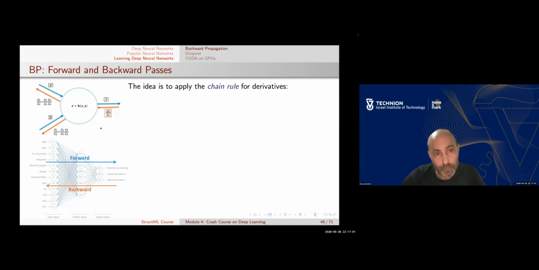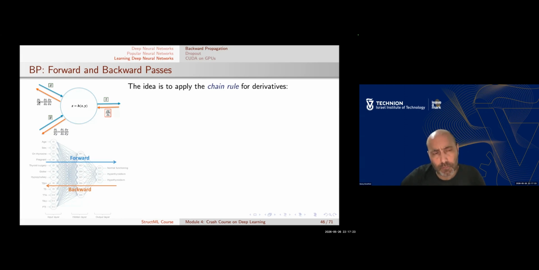Here, for example, z is a function of x and y, and we want to compute the derivative of the loss function L with respect to x and y. This layer knows only z, so we compute the derivative of L with respect to z, which is h(x,y), and then we send this value back.